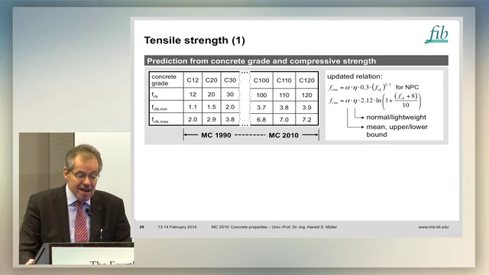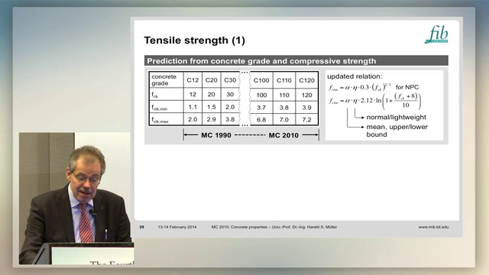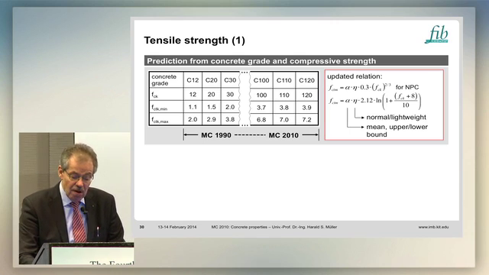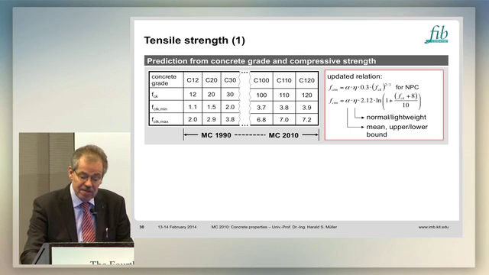If you look at the tensile strength, it is calculated from the compressive strength. You find here the formulas on the right-hand side. We had updated relations for high-strength concrete. We have two equations. This deals with high-strength concrete and this with normal-strength concrete.